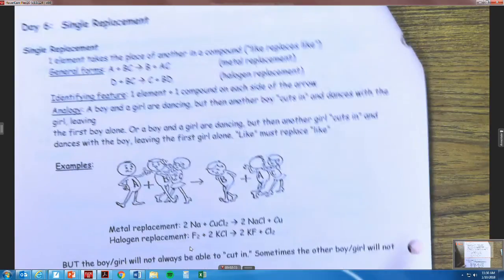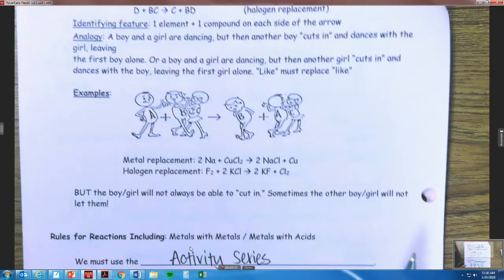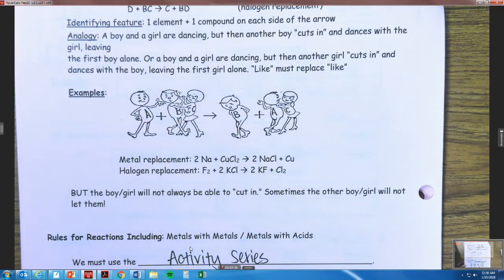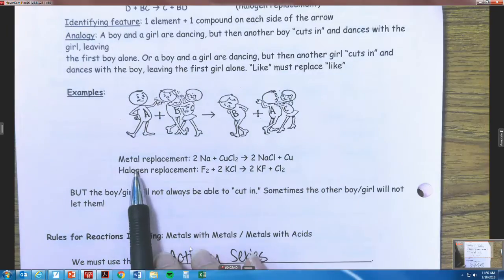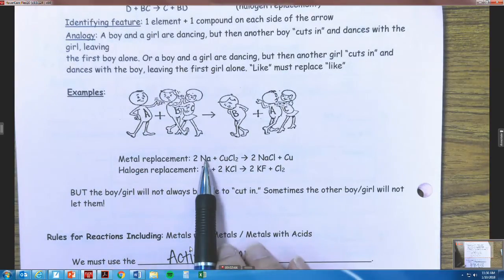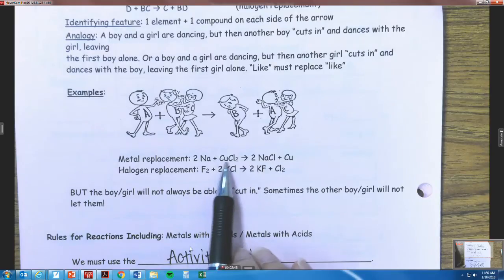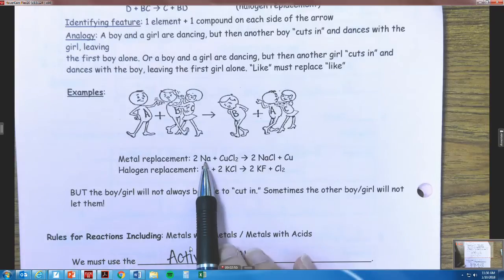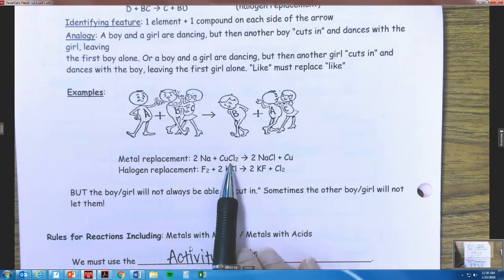Chemically, if you look at it from a chemistry standpoint, take a look at metal replacement: we have sodium plus copper chloride. Sodium is your metal, so it's going to replace the metal in this compound, which is copper.